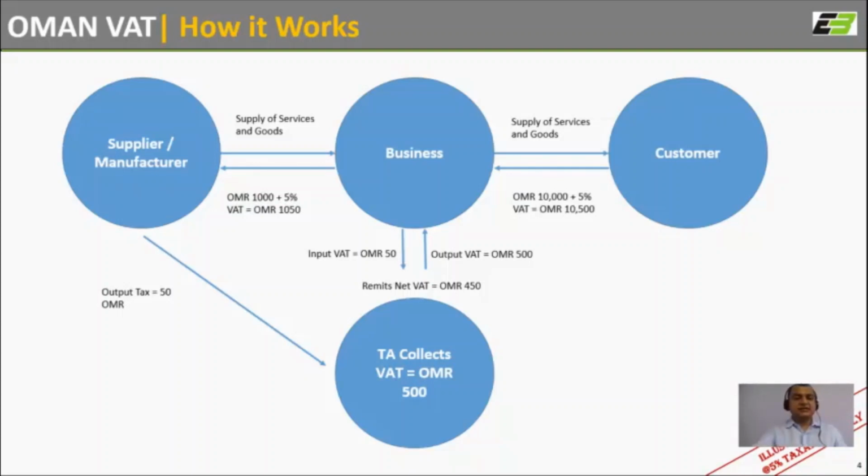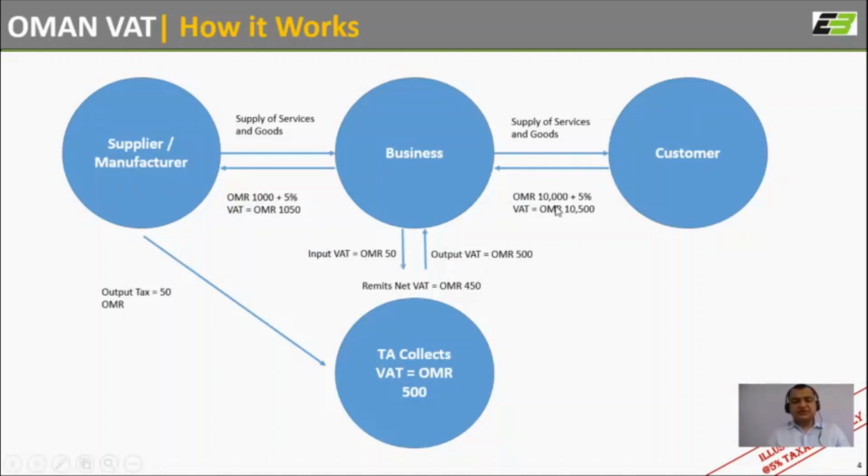Let's take a look at this example where we are in the business of trading goods. We buy the goods from our supplier or a manufacturer, and in turn we sell these finished goods to our customer. Let's assume we purchase the goods for 1000 Omani Riyals, and at the standard rate of 5%, the VAT amount comes to 50 Omani Riyals. So the input VAT for us is 50 Omani Riyals.